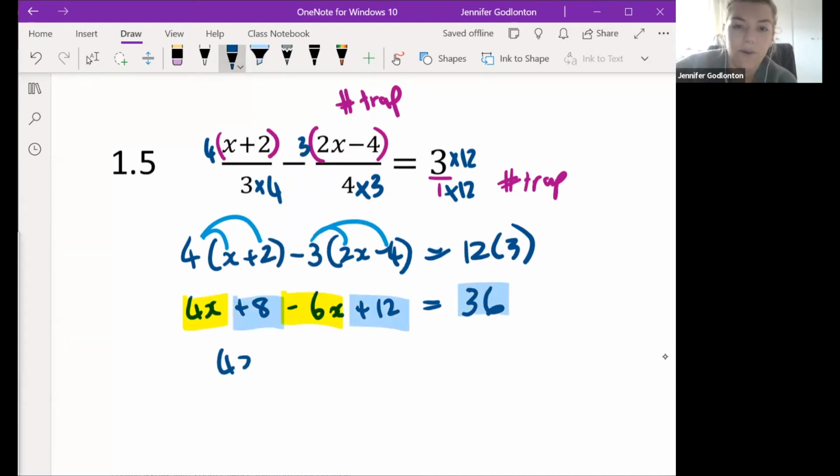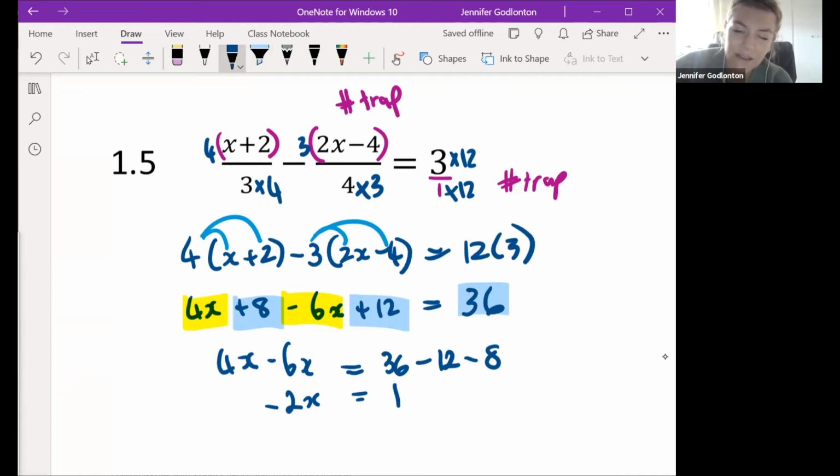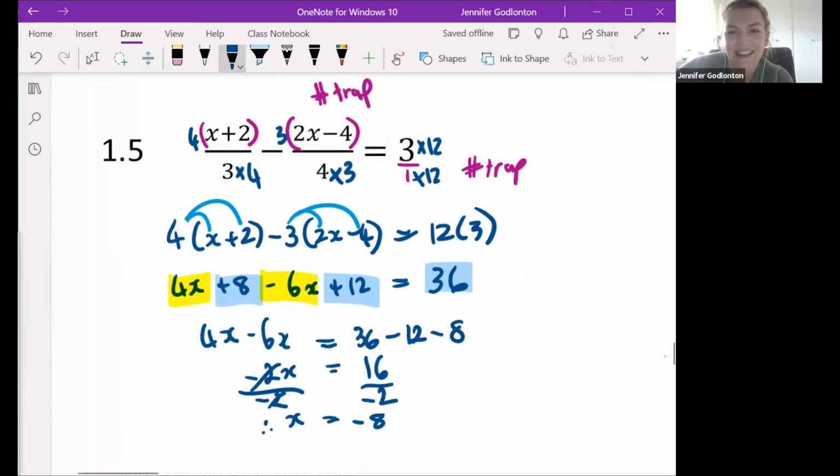So we're going to say 4x minus 6x is equal to 36 minus 12 minus 8. So negative 2x is going to be equal to 16. 24, yes, okay. Just double checking my maths there. Yes. We're going to divide both sides by negative 2. And so we get x is equal to negative 8.